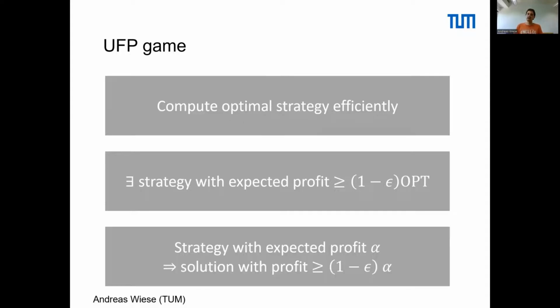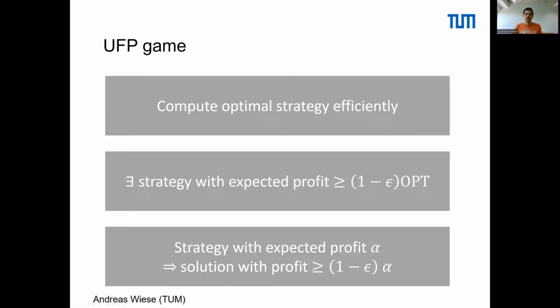Finally, I want to argue that if you give me a strategy whose expected profit is at least some value alpha, then I can transform this strategy into a solution of my given instance whose profit is essentially the same. Suppose for a second all this was true. Then I can compute the optimal strategy efficiently.